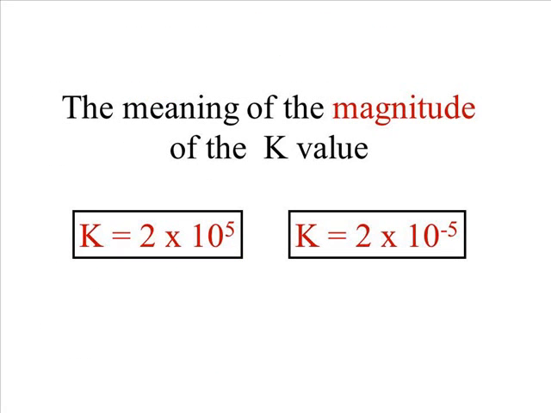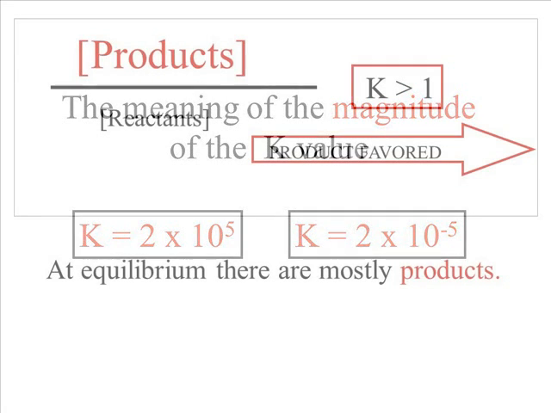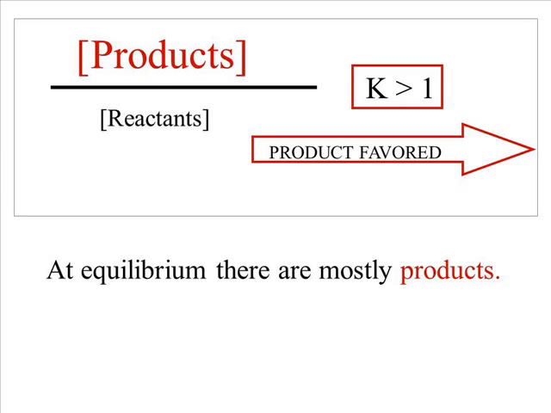When you get a K value, the size of that K will tell you whether the reaction produces mostly products or whether it doesn't go too far forward and leaves mostly reactants. The larger the K value, and by large, in terms of equilibrium constants, we mean greater than 1, you are looking at a mostly product-favored reaction.